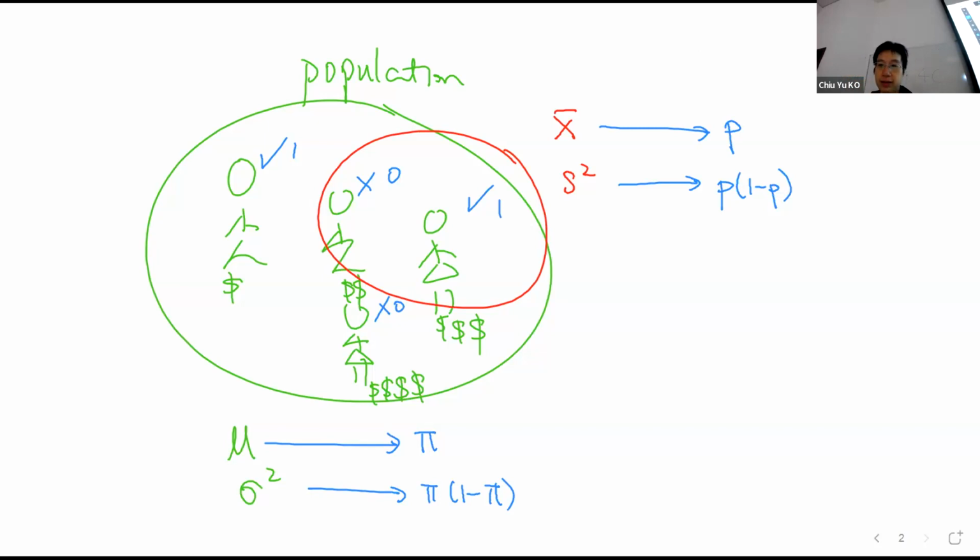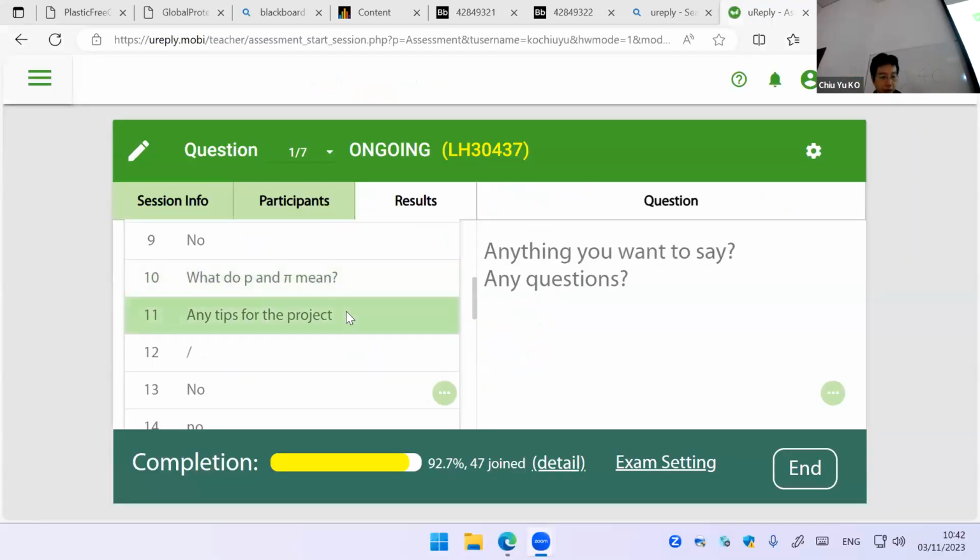I hope that's okay. If there's no further question, any tips for the project? So I would recommend that you, of course, make your question as fun as possible. That is, pick the right question, apply the right method, and do the right analysis.